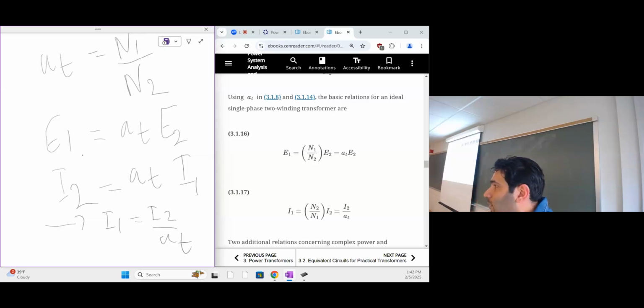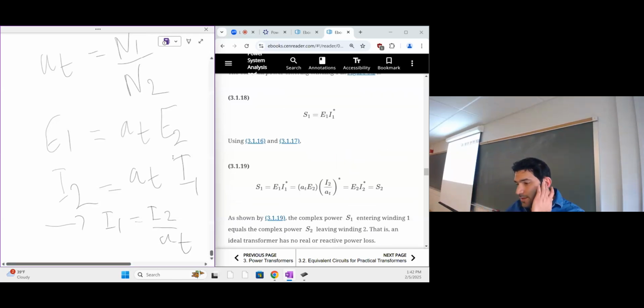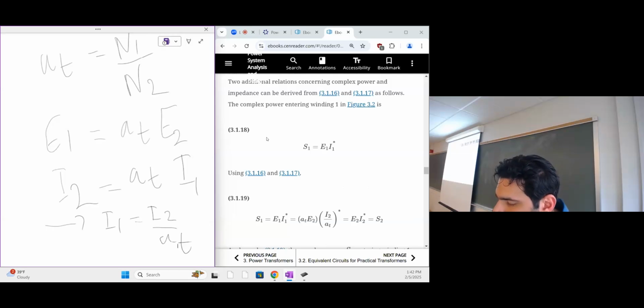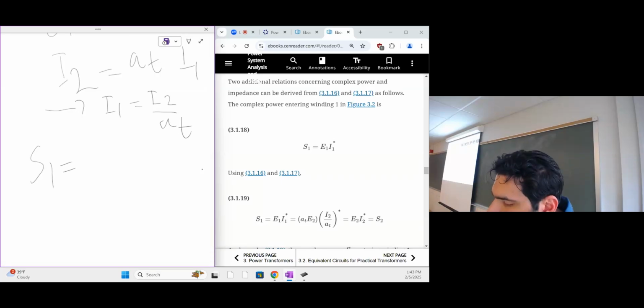Because voltage and current are quite inverse to each other, they cannot follow the same way. The same applies for the complex power. And we've explained what the complex power is. Now we'll move forward with that, but we're just using it here to see how much S1 and S2 will be.